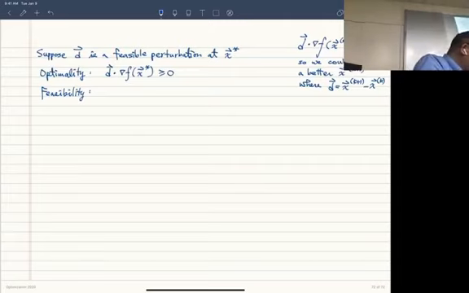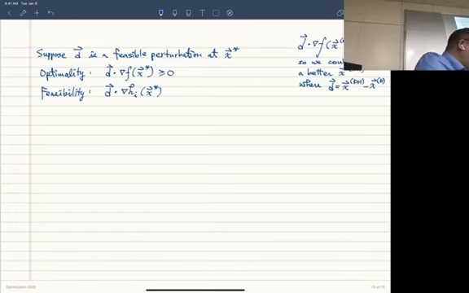Okay, and then for the equality constraints, over here we are focusing on h, because your h is 0, and based on the earlier derivation, we want this to be 0, right?